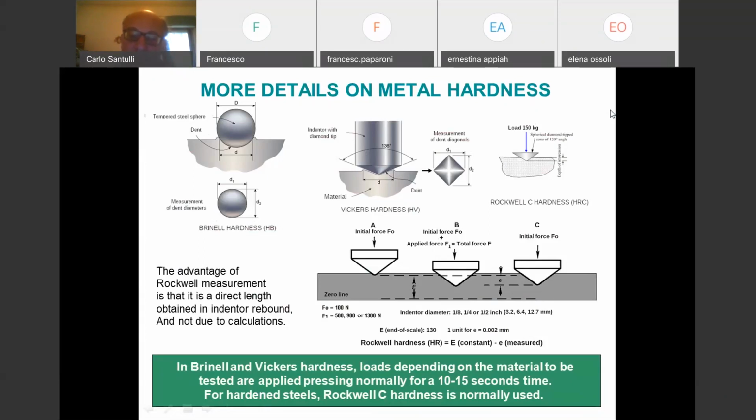In fact, you have this kind of constant, which is given to that thickness, and then you have the measurement of the penetration. In practice, you obtain a direct length, instead of measuring that indentation, which might be cumbersome in some cases.